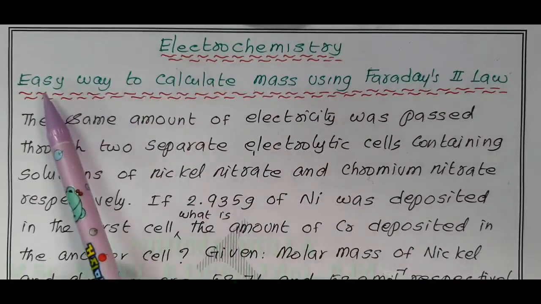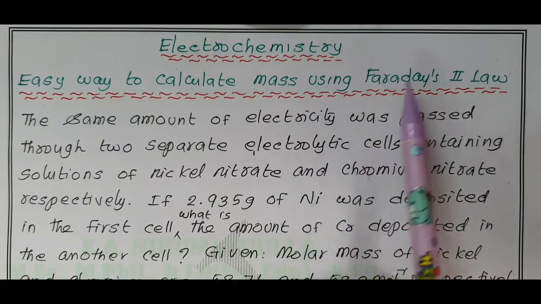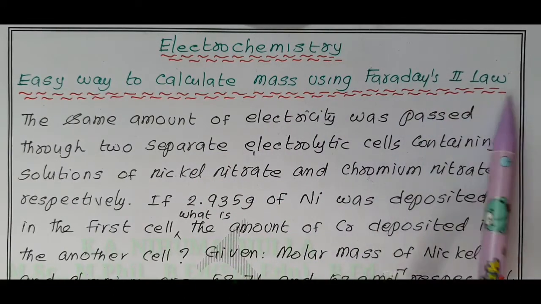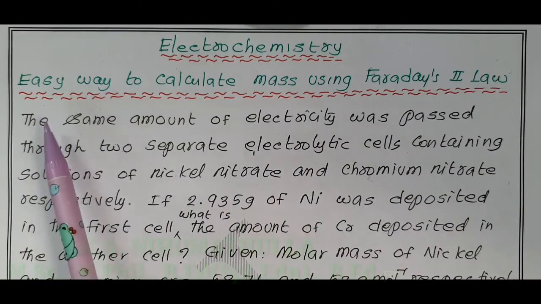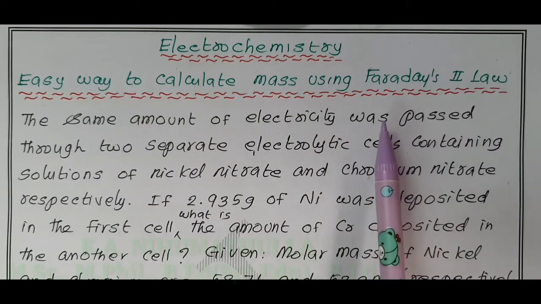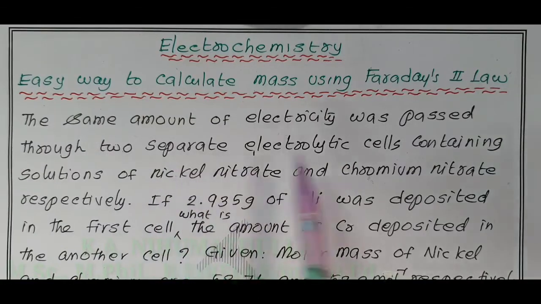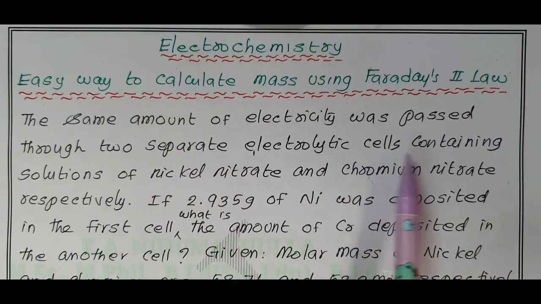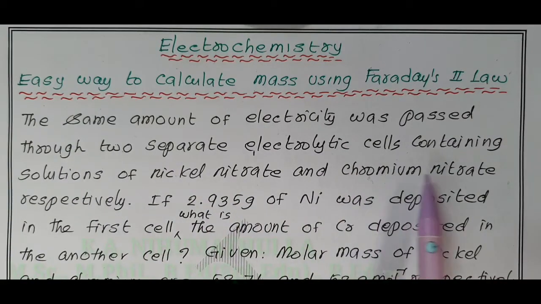Electrochemistry, easy way to calculate mass using Faraday's second law. What is the problem given? The same amount of electricity was passed through two separate electrolytic cells containing solutions of nickel nitrate and chromium nitrate respectively.